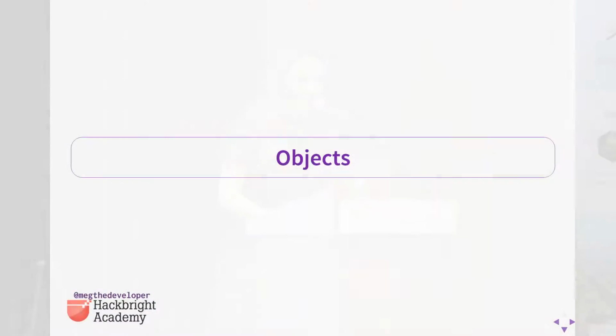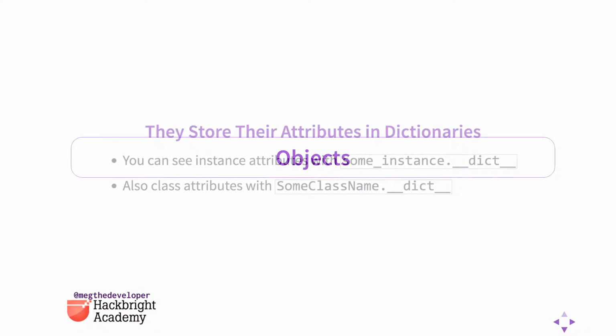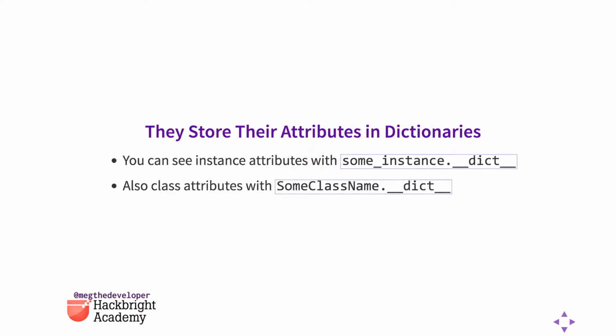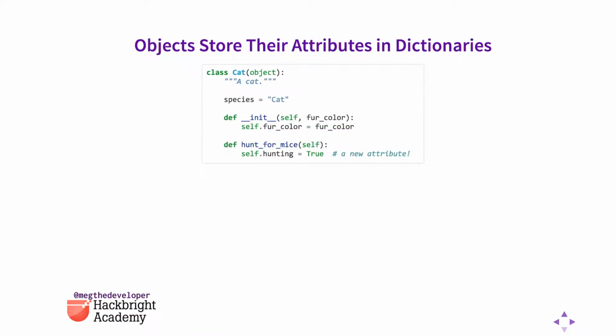So moving right along to objects. Objects store their attributes in dictionaries. It's a nice little dogfooding type of a thing with Python. You can see the instance attributes of an instance with that syntax there, and you can see class attributes of a class with class.__dict__. Here's an example. We have a cat class here.